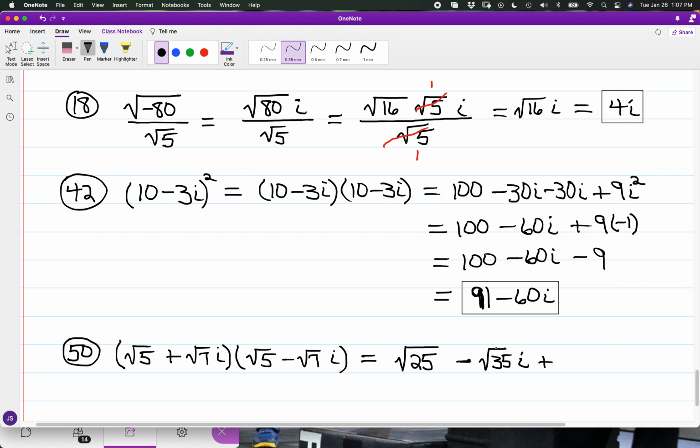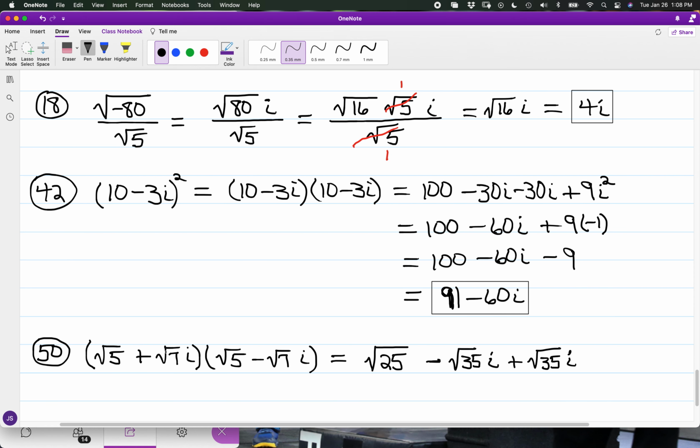And then for the inside product, we have the square root of 7 times the square root of 5, which is the square root of 35, and again the letter i will be attached. And then for the last product, we have the square root of 7 times the negative of the square root of 7, so we have minus the square root of 49, and i times i becomes i squared.